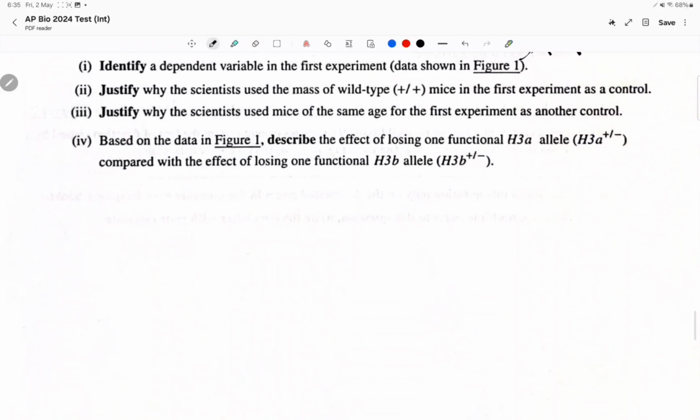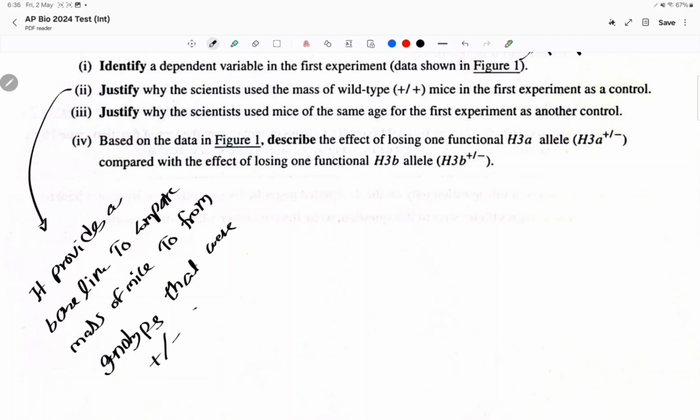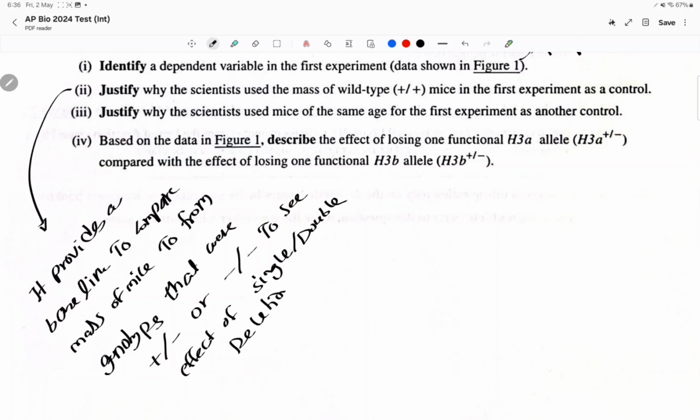Okay, so we're going to say that it provides a baseline to compare the mass of mice from genotypes that were plus minus or minus minus, to see the effect of single or double deletion on the mass of the mice.